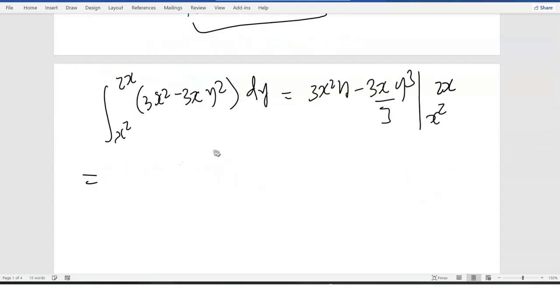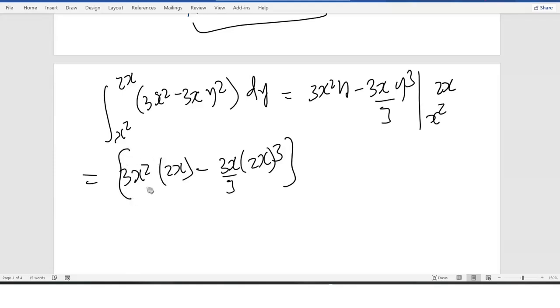By putting 2x, it becomes 3x squared into 2x minus 3x out of 3 into 2x to the power 3. Then I subtract; if I put in x squared, it becomes 3x to the power 4, minus this, and that will go.